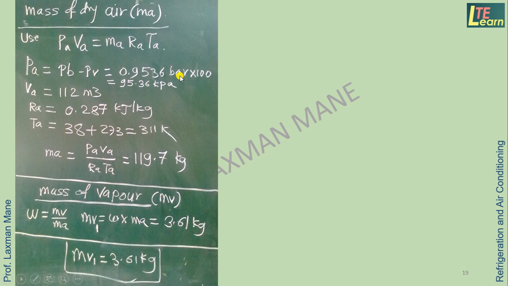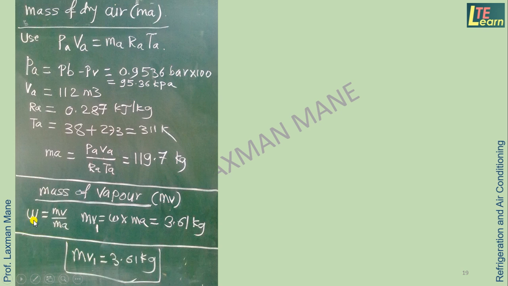Here we find the answer in bar, which we have converted into kilopascal because we are going to use that in further calculation. Volume of the room is already calculated. Specific gas constant in kilojoule per kg K for dry air. Temperature, the dry bulb temperature, is given as 38 degrees Celsius. Convert that into Kelvin. So putting all these values in this equation, we find the mass of dry air in kilogram.